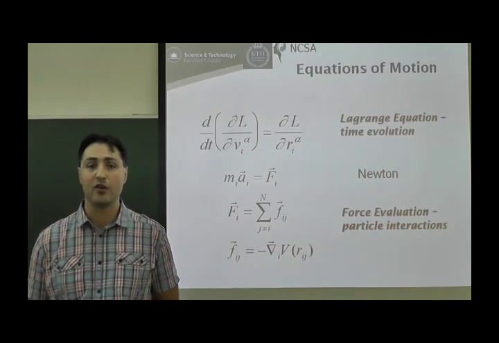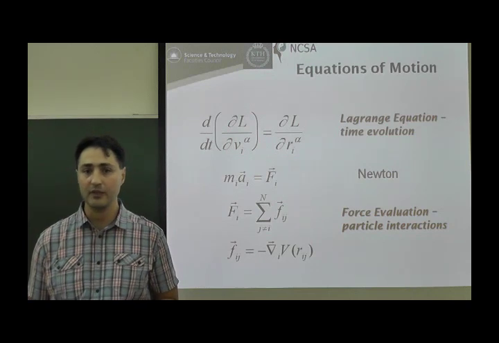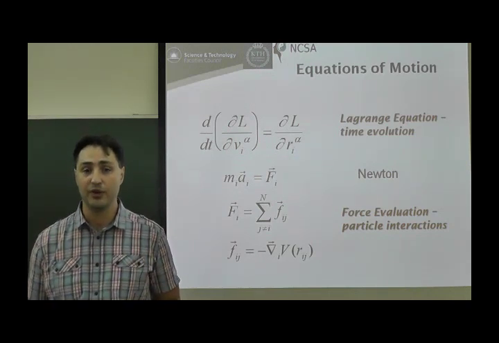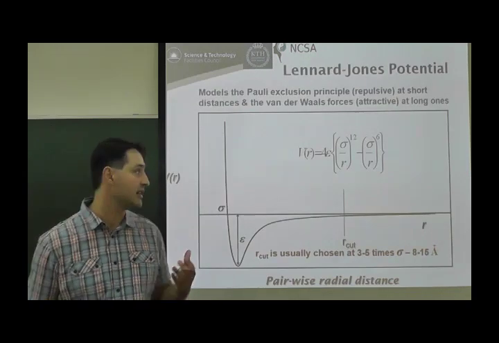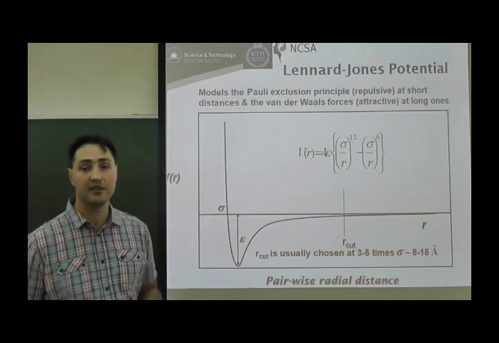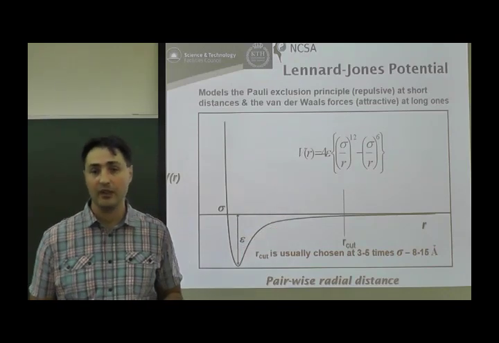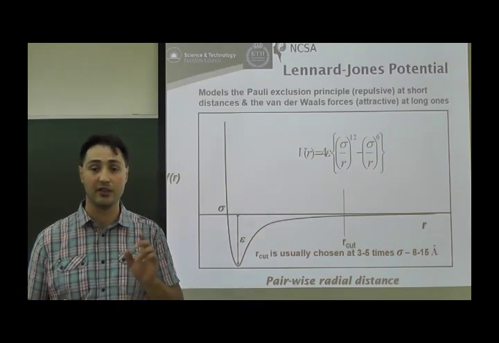So the equations of motion that come from the Lagrangian for this very, very simple case are just the Newton equation, and what we need to do on the computer is to calculate the forces on all atoms. And essentially, if they interact by such a potential, we calculate the forces by taking the first derivative of the potential up to the cutoff. So we minimize the number of particles that interact with the central particle we sit on each time.